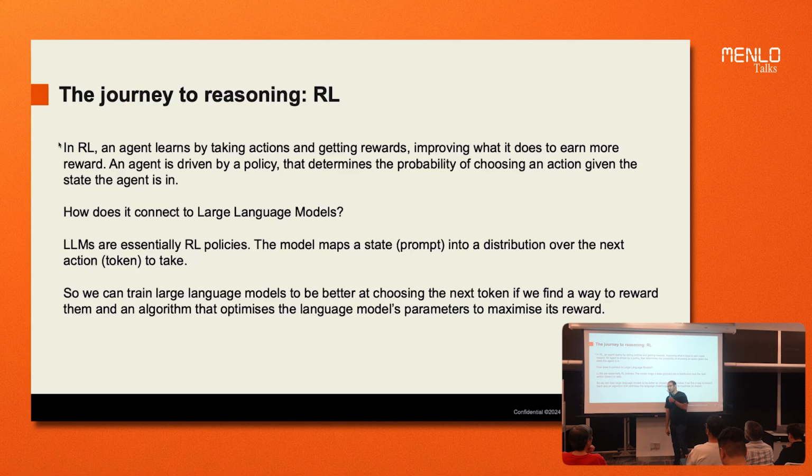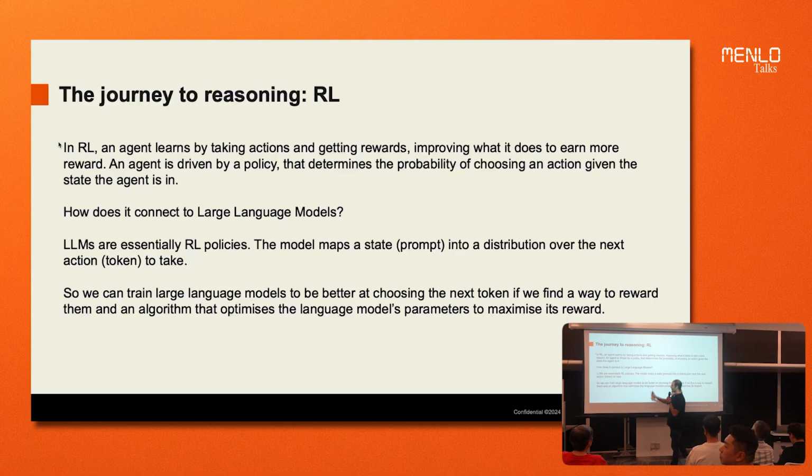We can see language models as reinforcement learning agents as well, because what language models are basically doing is predicting the next token, which is choosing, among the list of all the actions, which are the next tokens, the one that is most likely the correct one. So we want to teach the language model to choose a series of actions, so a series of tokens, such that they lead to a correct answer for a given problem.